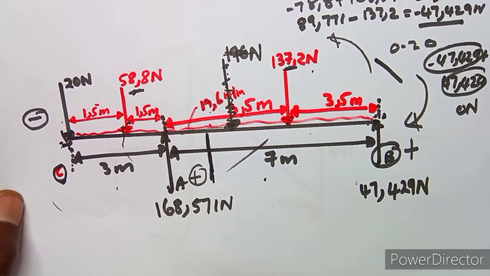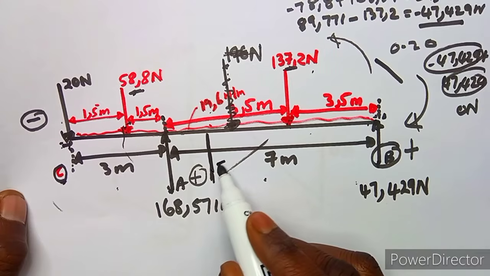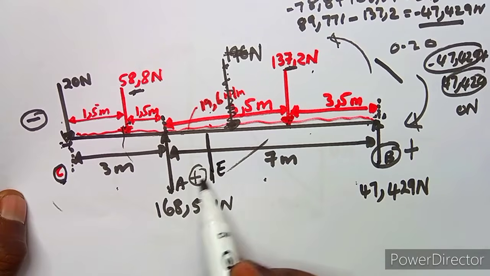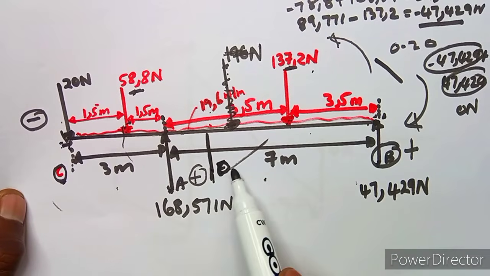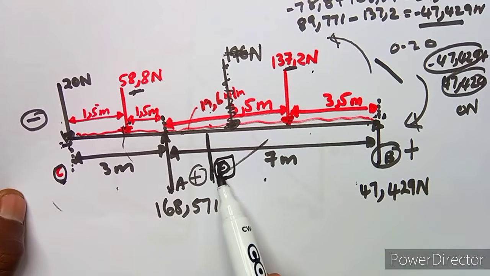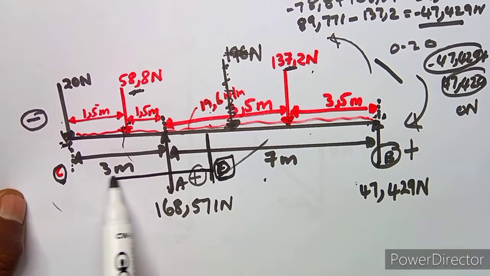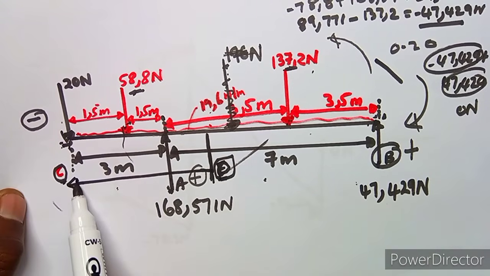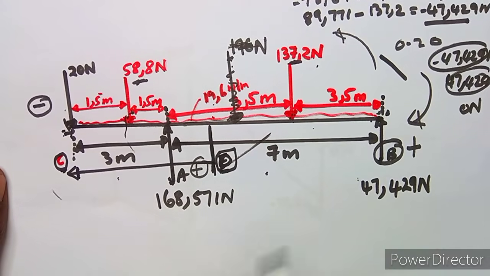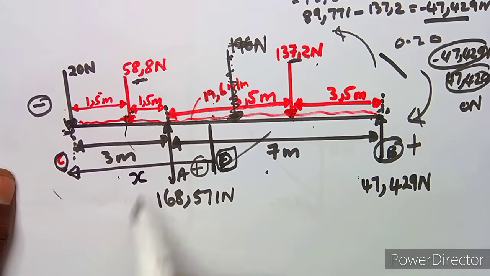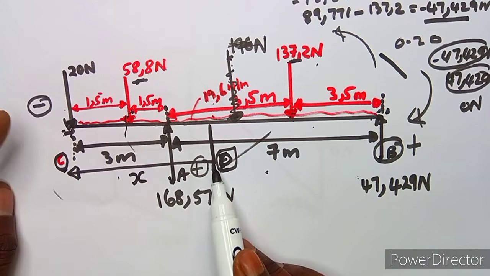So this point we shall just call it D, because we've got C now, then D. So I shall talk about this one, which is a certain distance back to this point. Let's just call that distance X or Y, whatever, so you can even call this the distance X. So I shall talk about this one later on.